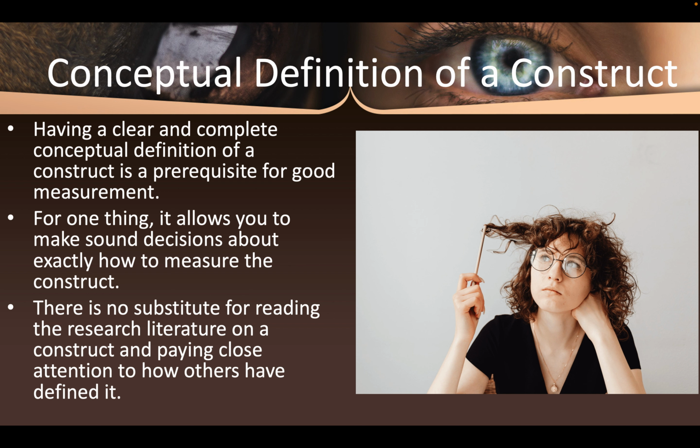And the reason I did that is because psychologists argue a lot. They don't agree with each other. And one of the reasons they don't is because they're thinking of the same thing in different terms. So when you're creating a conceptual definition, what you need to do is use the definition that other people have used. And if you do that, then there's no argument.